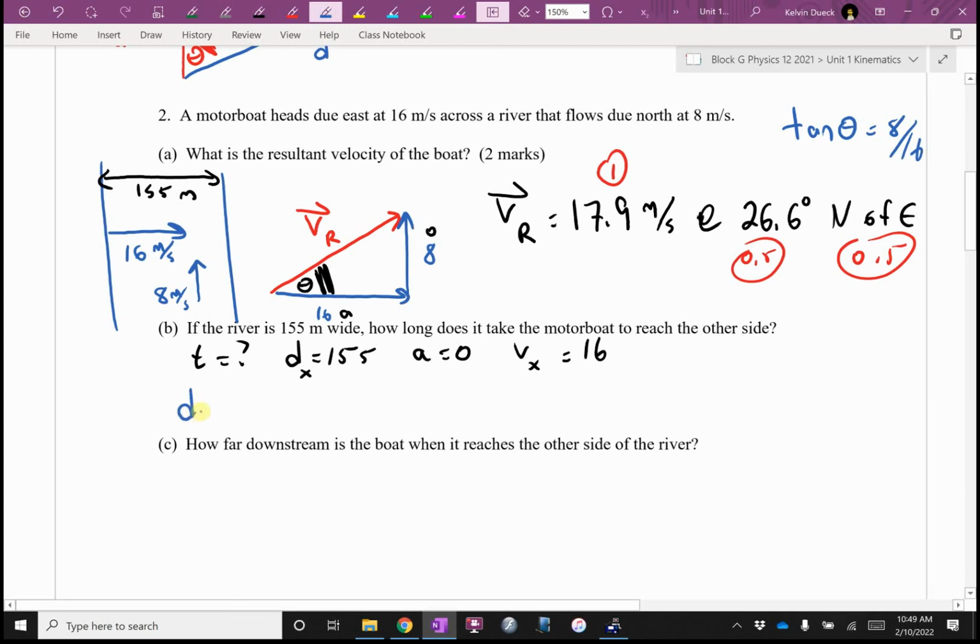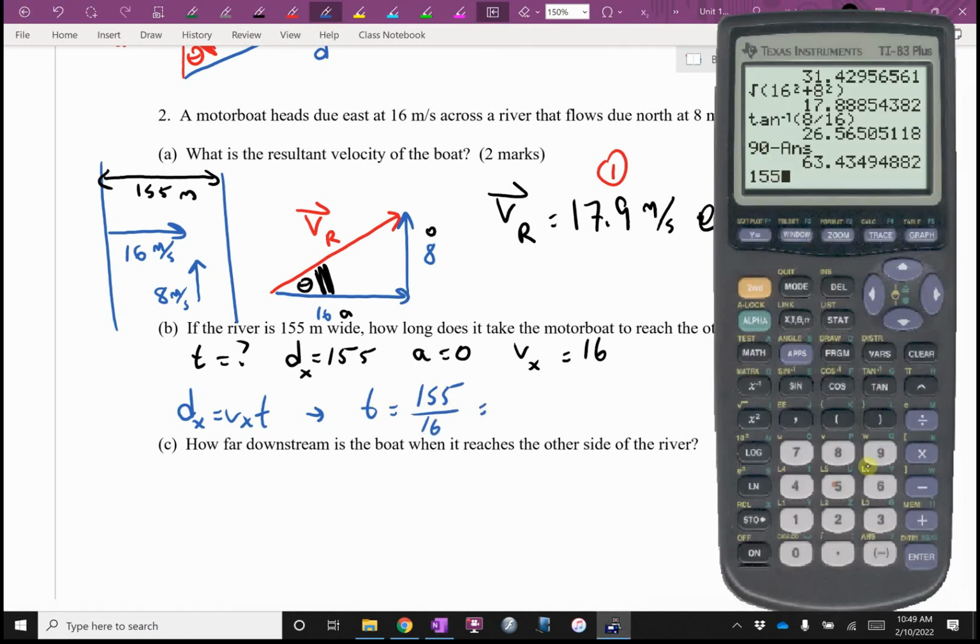It's going to end up being dx equals vxt, no plus a half at squared, because a is 0. It's going to end up being t equals 155 divided by 16. 155 divided by 16, and I get 9.6875. I'll call it 9.69.